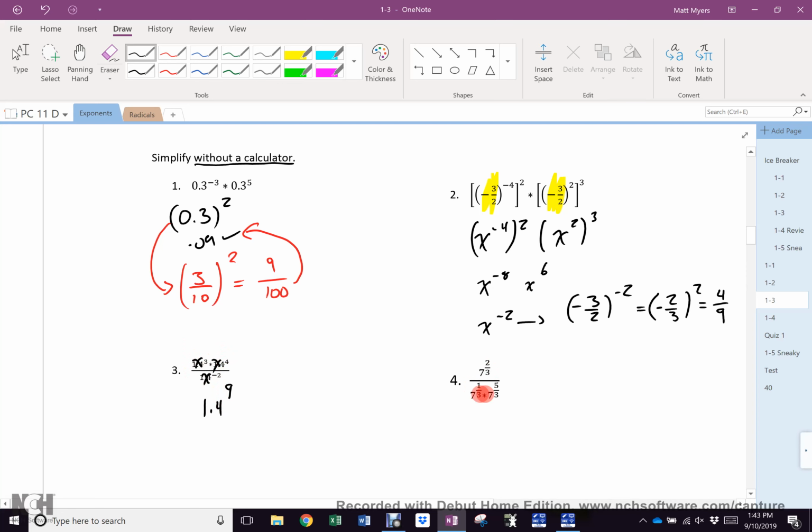What about that one? Should it scare you? Does it? Of course it does. Are they all the same base? Okay. So what do I need to do in the new denominator there? Add them to get what?